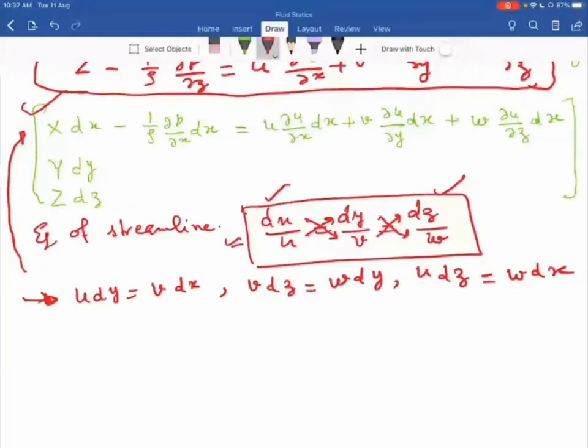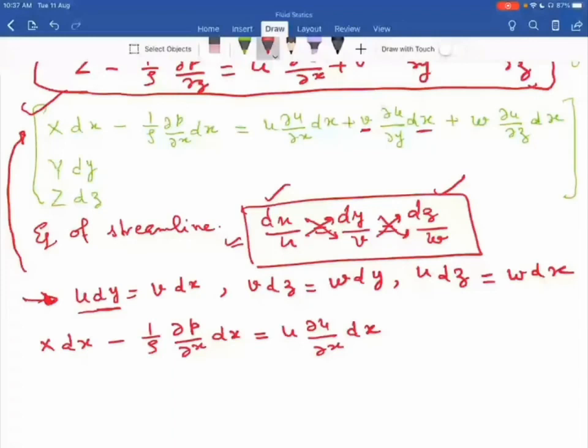ठीक है, तो जब मैं इसको लिखूंगा दोबारा, तो X dx minus 1 by rho ∂p/∂x dx equal to the first term as it is, u ∂u/∂x dx. ठीक है, और जो सेकंड टर्म हमारे पास आएगी, so in that term is v dx.